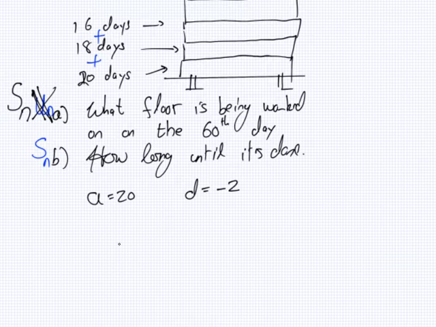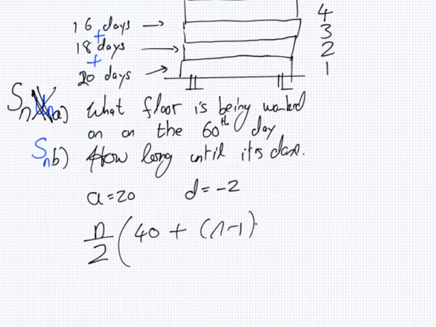Right. Okay. So Sn. We want the total to be 60. So we have n over 2, and we don't know the n. This is 1, this is 2, this is 3, this is 4 for n. n over 2 times 2a plus n minus 1 times d. We want to know what's the n that makes this 60.